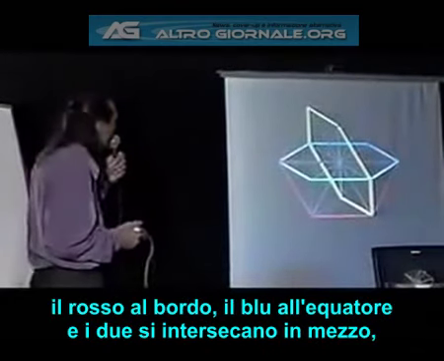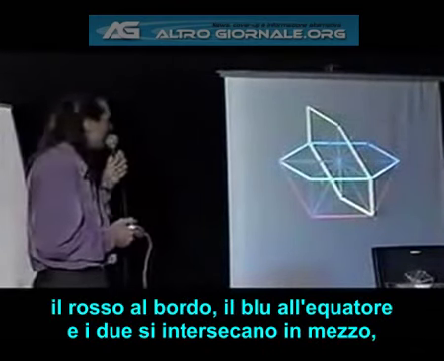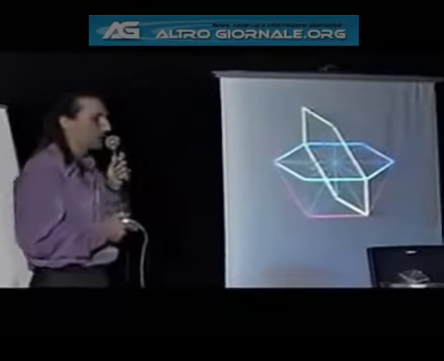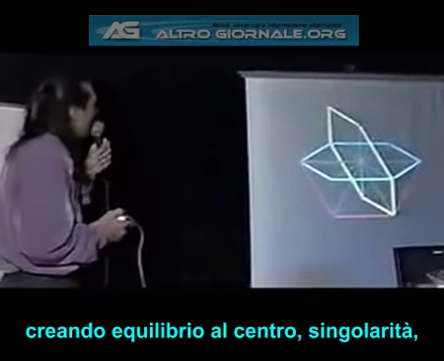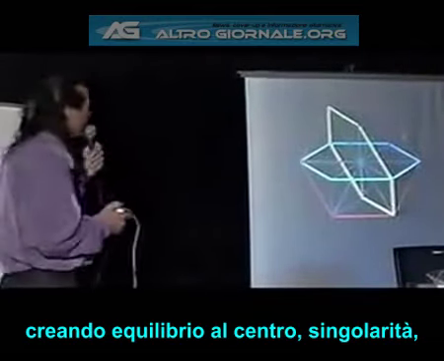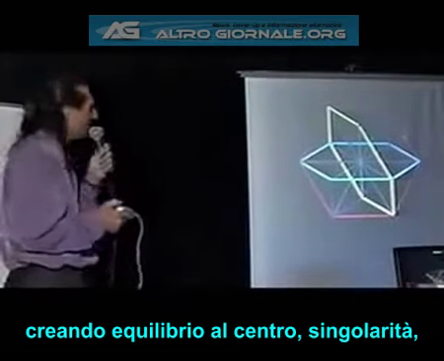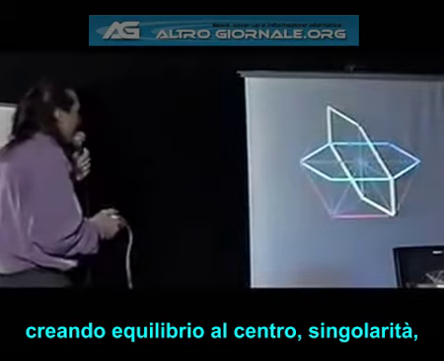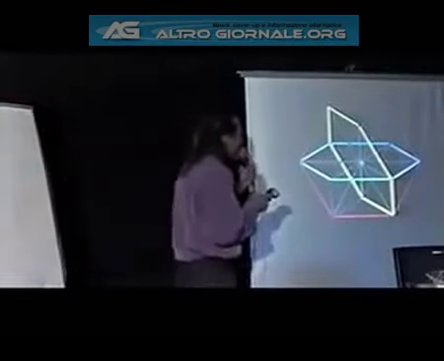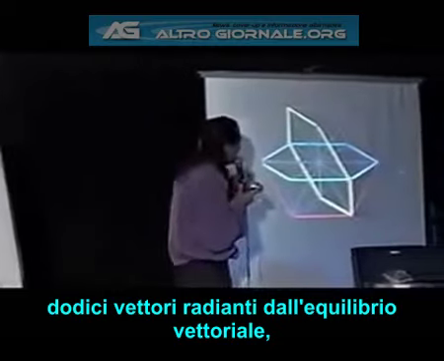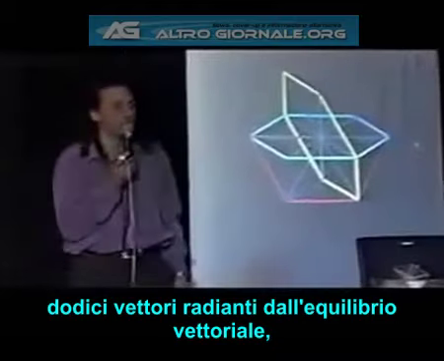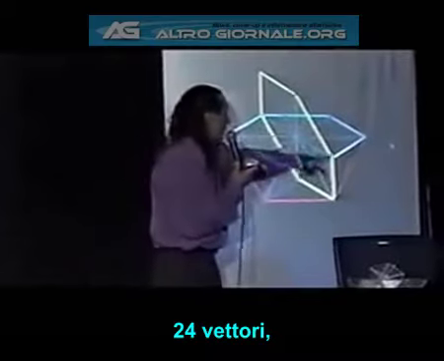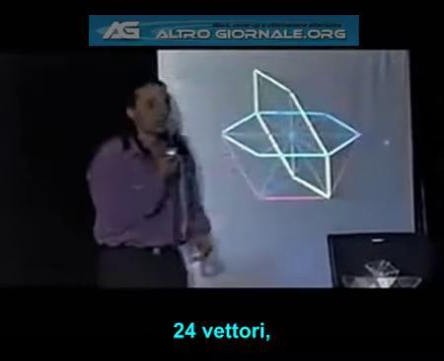There's a red one on the edge, a blue one at the equator, and then 2 intersecting in the middle. 4 hexagons intersecting, creating equilibrium at the center, or singularity. And note that there are 12 vectors radiating from the center of the vector equilibrium, and there are 12 edge vectors, 24 vectors.